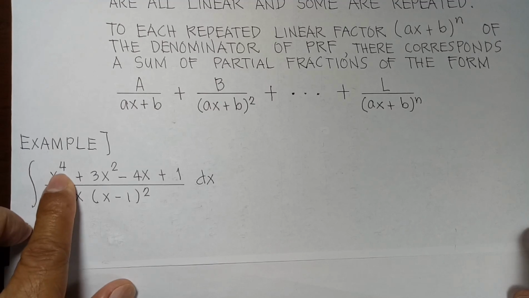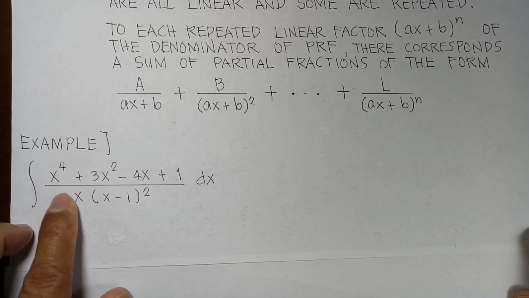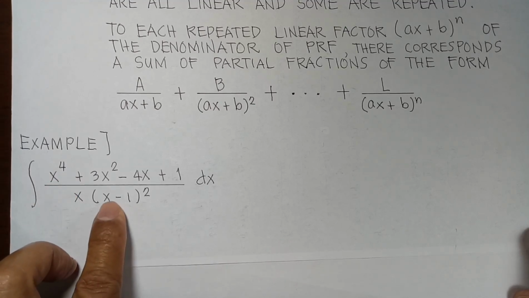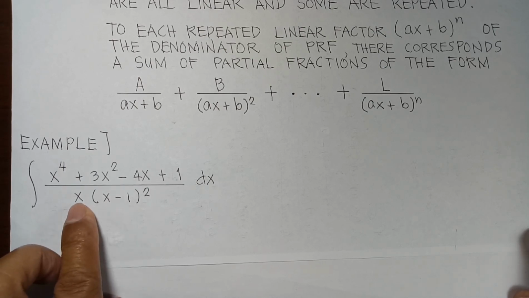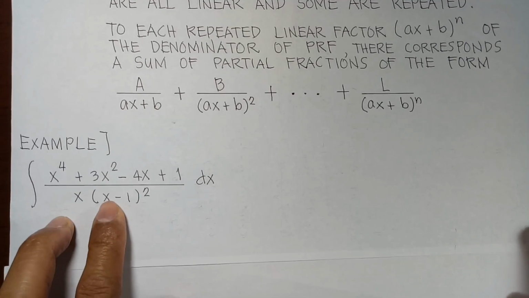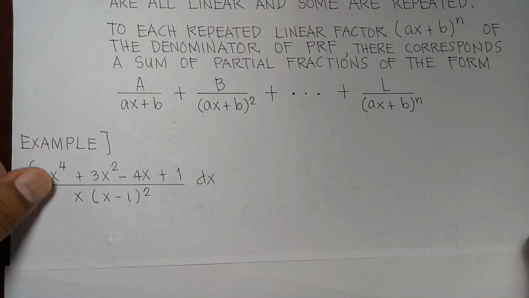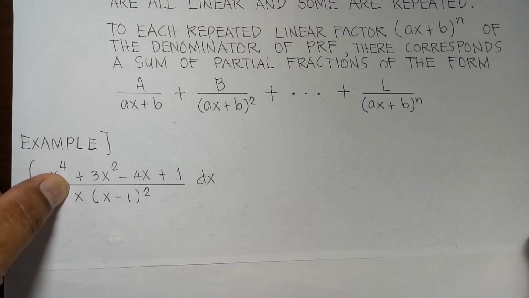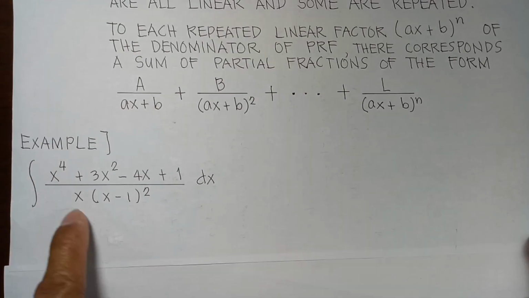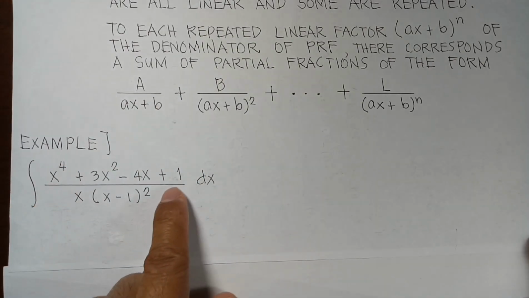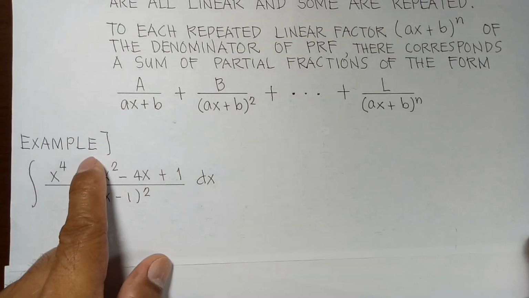Our numerator is degree 4, while the denominator, if we expand this, is degree 2 and then times x will become degree 3. Since the degree of the numerator is greater than the degree of the denominator, the given rational fraction is an improper fraction.